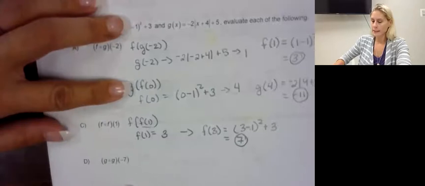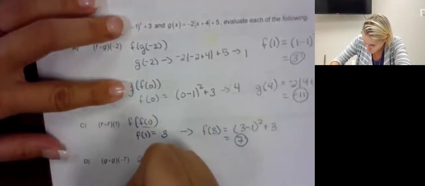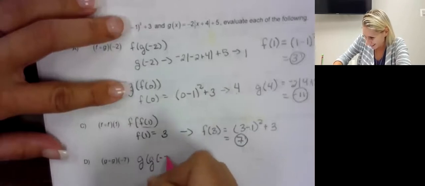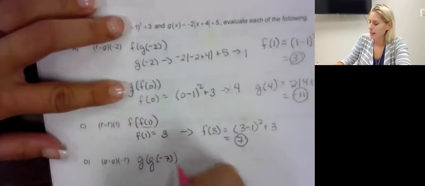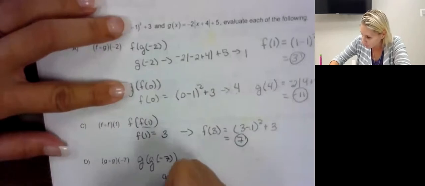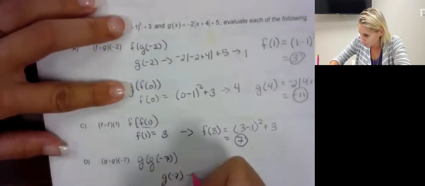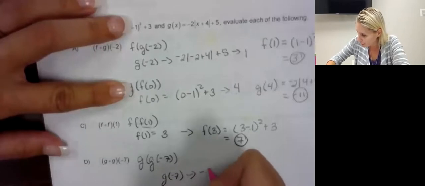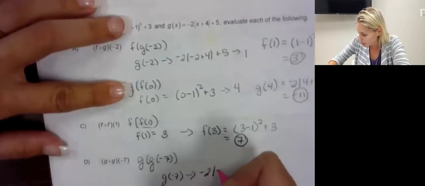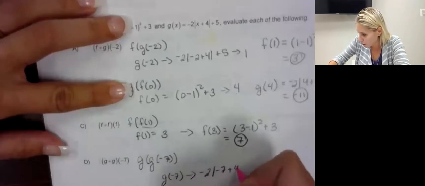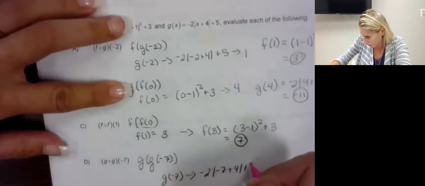Okay, we're going to practice that again down here. So this is g of g of -7. Let's do that inside first. So we have g of -7. So that's -2 times absolute value of -7 plus 4 plus 5.